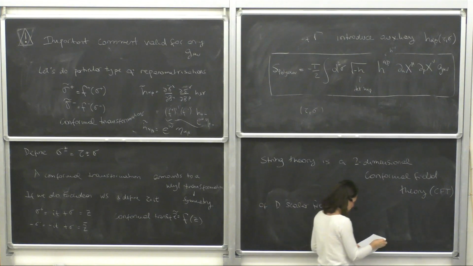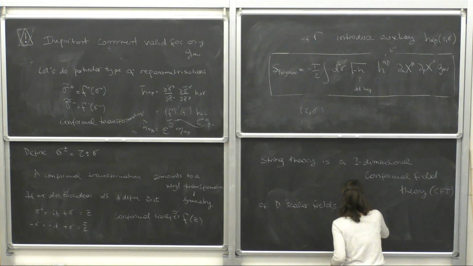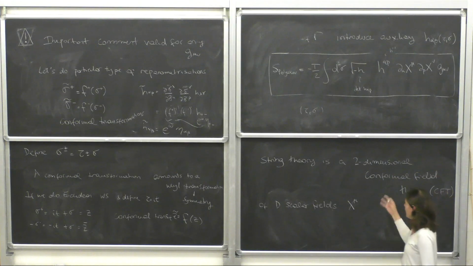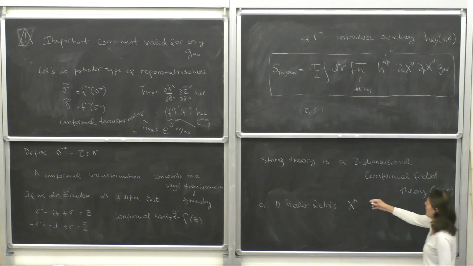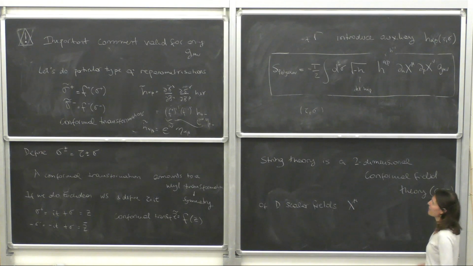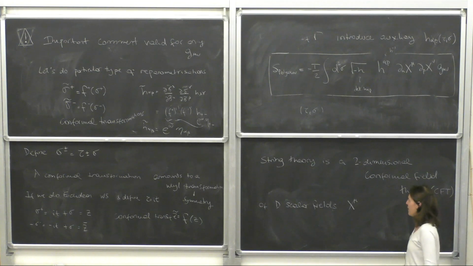So these are these x mu. And in some sense, this is string theory. If you have a two-dimensional conformal field theory of these scalar fields, whether you can interpret these scalar fields as embedding coordinates of some worksheet in space-time might not always be possible. But one can say this is more fundamental.